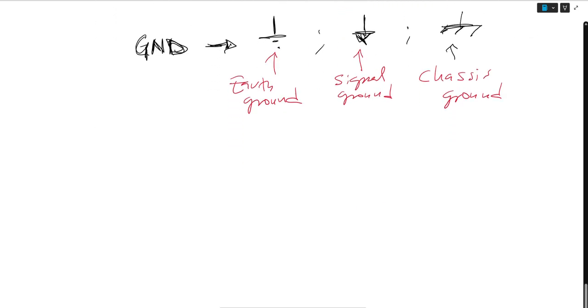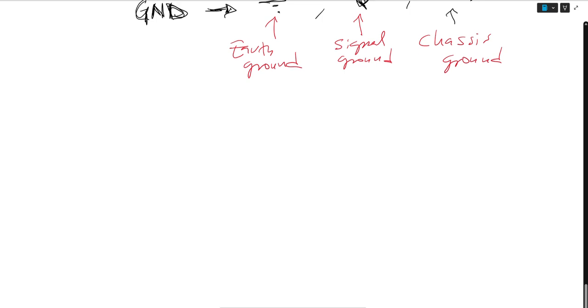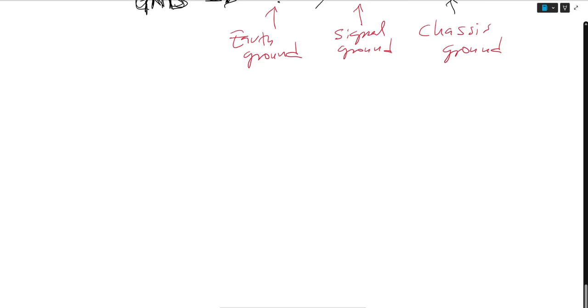So just a few more things and we'll wrap up for this lecture. But I want to talk about in your schematics or in your circuits, how do you measure volts and how do you measure current?